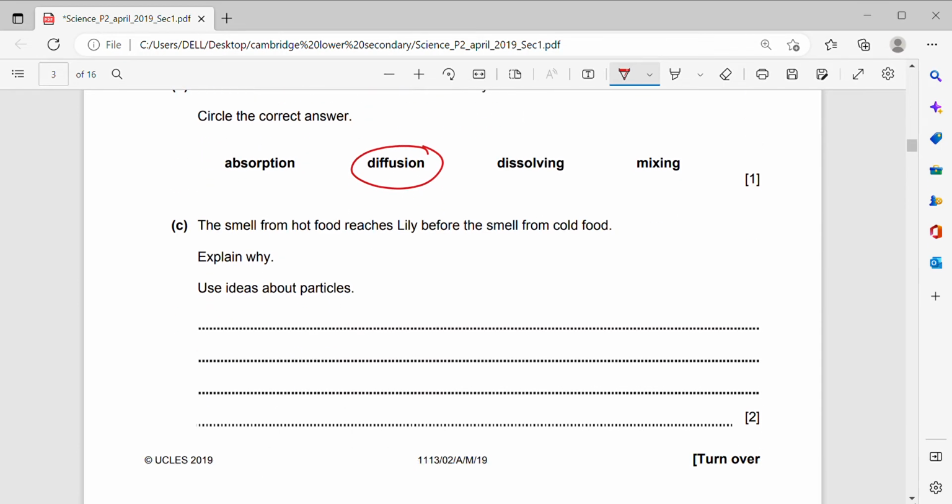The smell from hot food reaches Lily before the smell from cold food. يبقى هنا الفرق بين الhot والcold. ليه؟ يبقى هنا هنعمل description regarding the difference here. Explain why. Use ideas about particles. We have to include the particles. The question is out of 2 marks. يبقى you have to include 2 points.